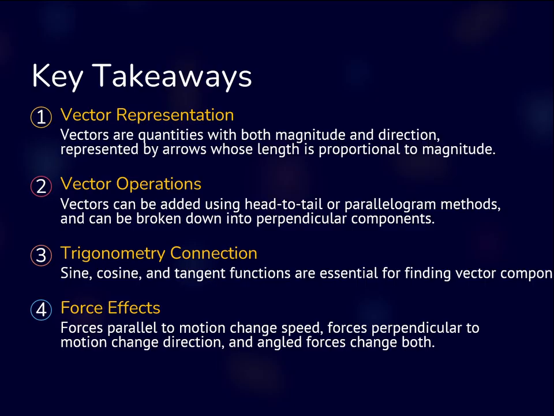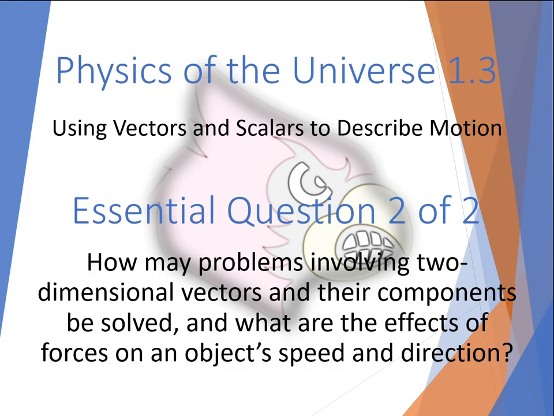And forces change motion differently depending on their direction. Parallel forces change speed. Perpendicular forces change direction. And angled forces change both. When you run a race, every stride you take and every push you make involves these physics principles. Understanding vectors makes you a master of motion.